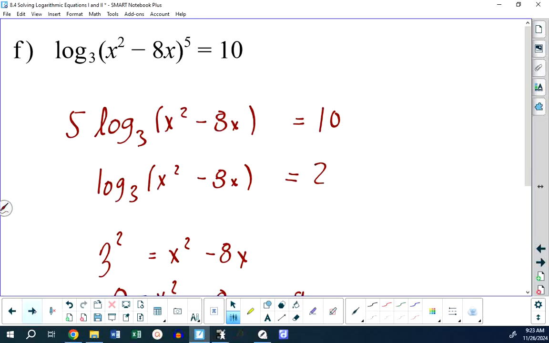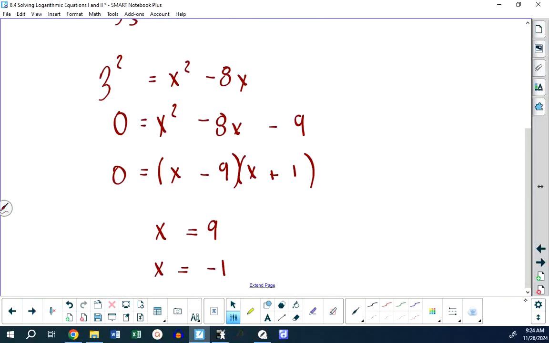So if the base is negative, the base raised to the 5 will be negative. If the base is positive, the base raised to the 5 will still be positive. So when we put 9 in, you are going to have to take 9 squared minus 8 times 9, and I believe you're going to get the number 9. It's going to be positive. It's going to be 81 minus 72. So 9 survives the argument test.